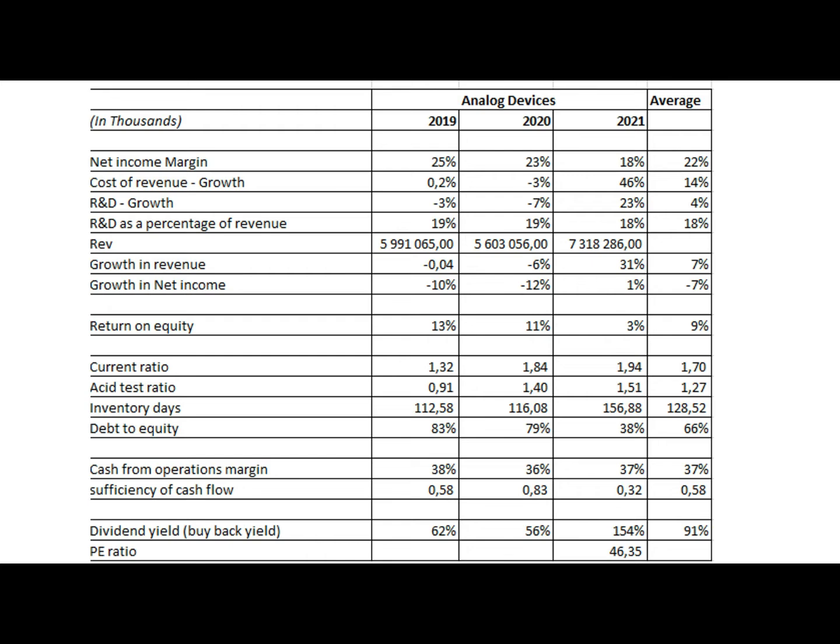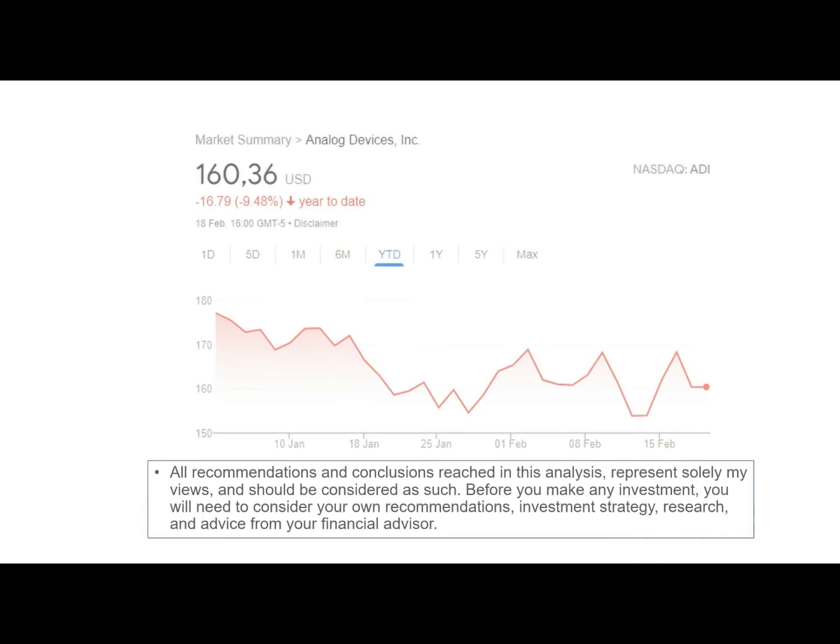The PE at 46, above industry average, which is just over 40. Pretty decent, I'll have to say. So, even though it does have a low sufficiency of cash flow, it's not a bad thing considering it has a high cash generating capability, which is above industry levels.